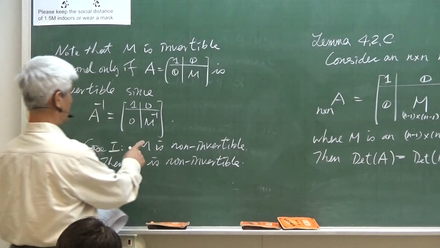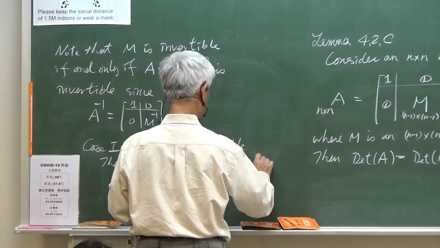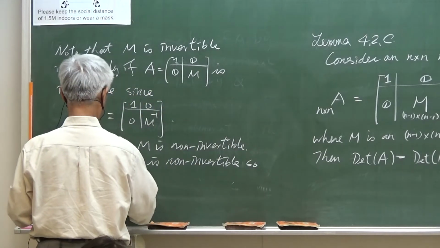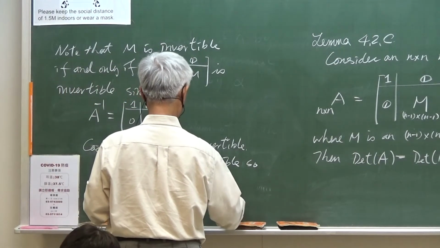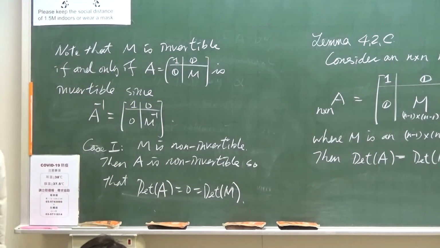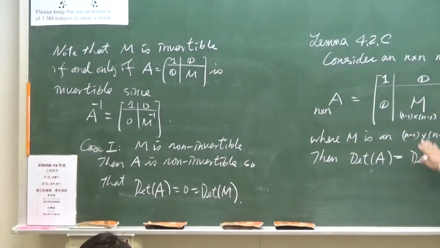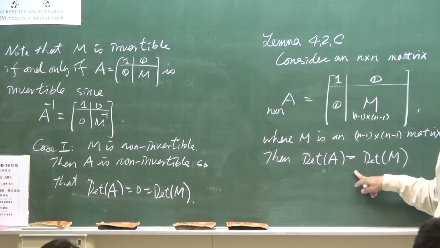So when M is non-invertible, A is non-invertible, such that the determinant of A is 0, which is equal to the determinant of M, of course. So we establish the identity when M is non-invertible, because both determinants are 0.